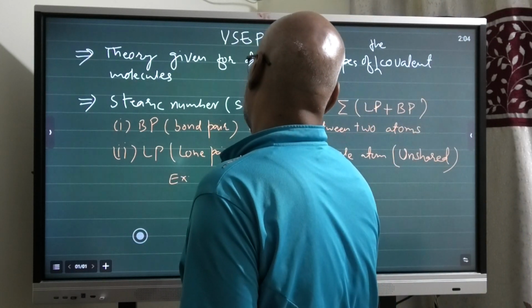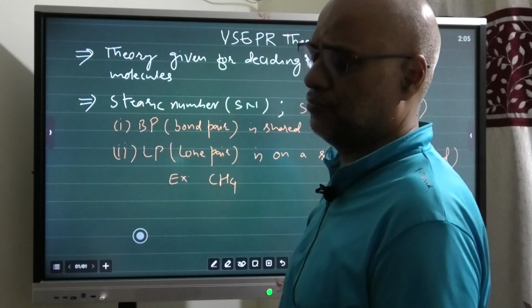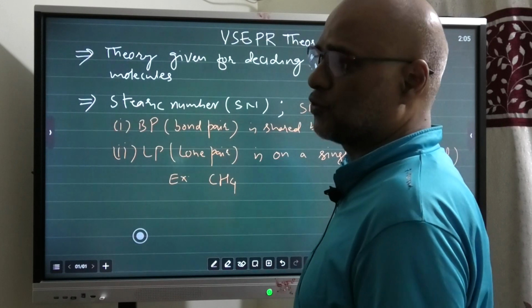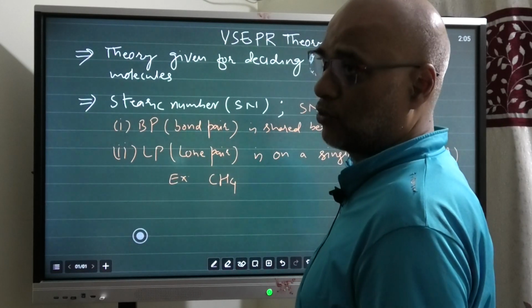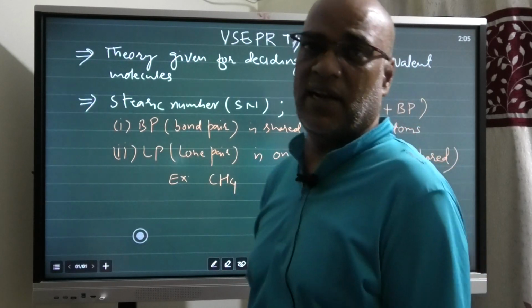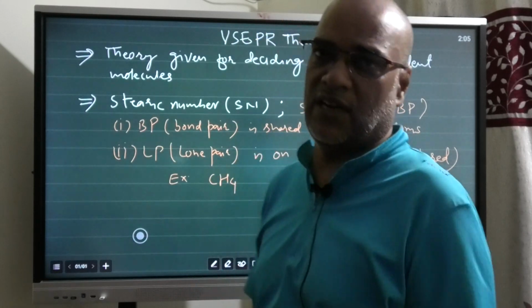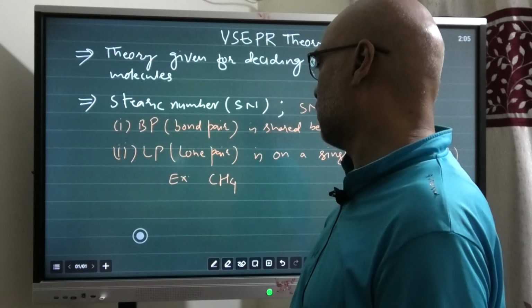Suppose I take a simple molecule, methane, CH4. Carbon has 4 electrons in its outermost shell. Each hydrogen needs 1 electron to complete its duplet. This duplet and octet thing we will learn later in this topic, just wait for that.